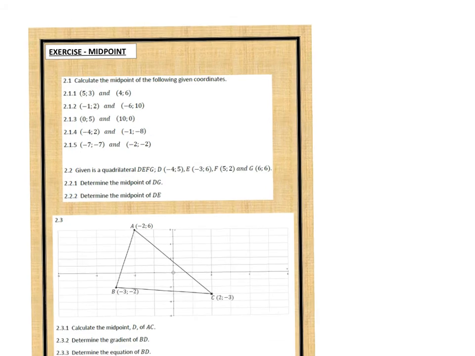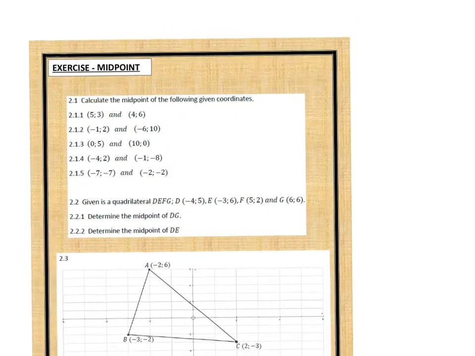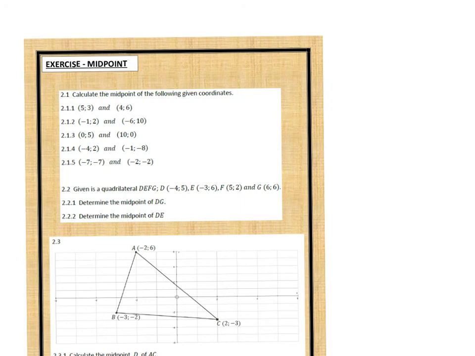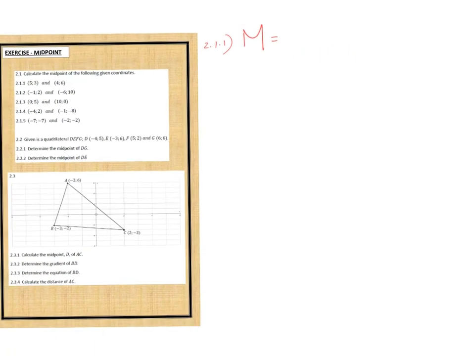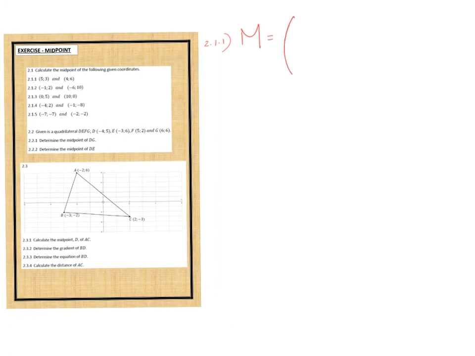And then lastly, for midpoint, calculating the midpoint of the following coordinates. So let me do 2.1.1 with you here. So it is the midpoint of this line, right? You can put in nice big brackets here. It is your two x values added up together.